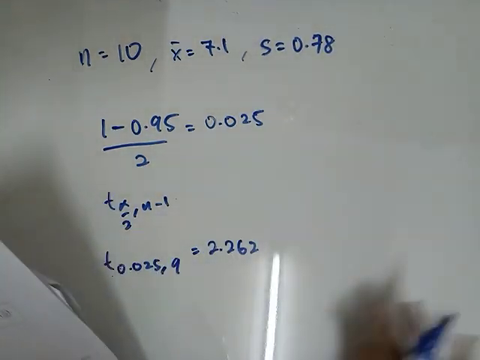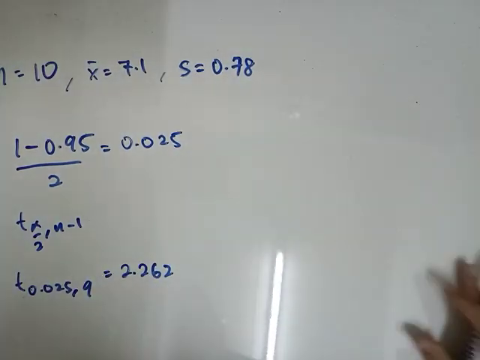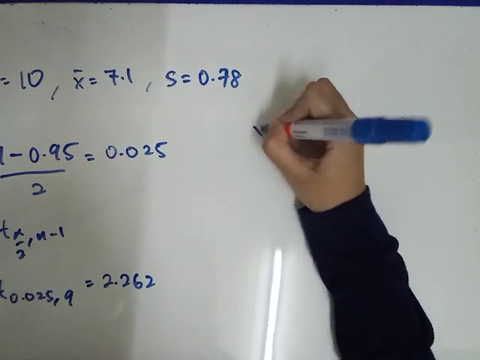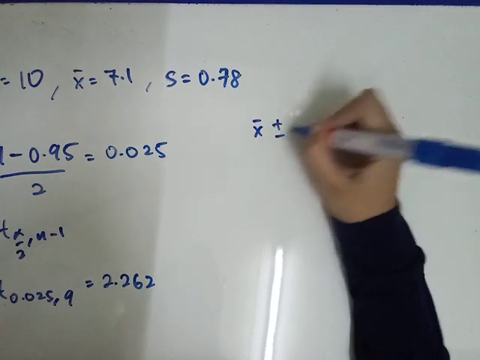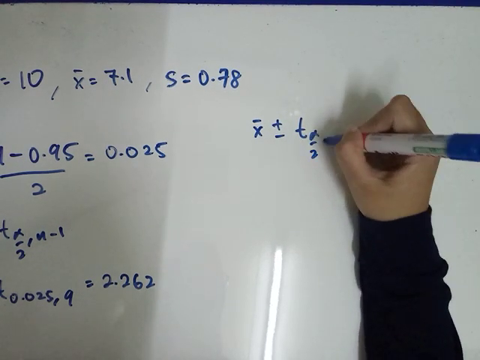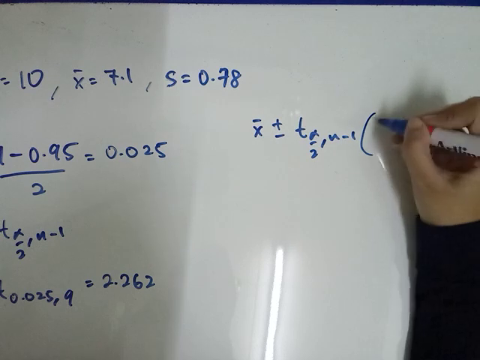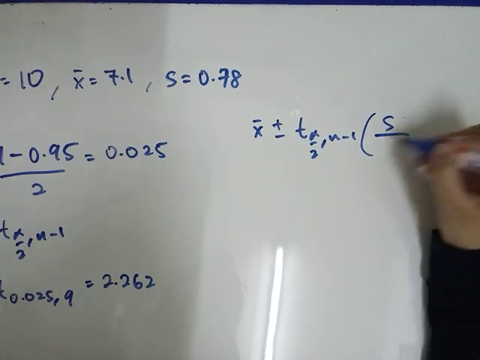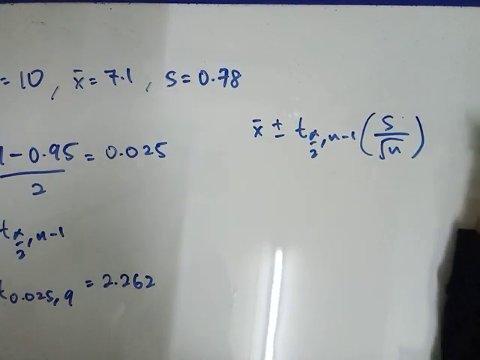Okay. And then, second step, use the formula: sample mean plus minus T alpha over 2, n minus 1, times the standard deviation of the sample divided by square root n.